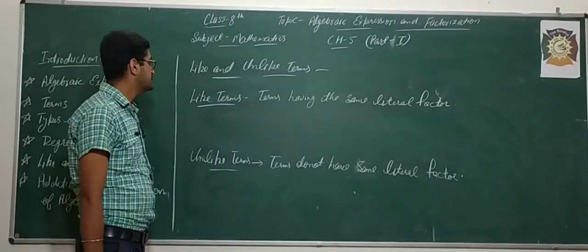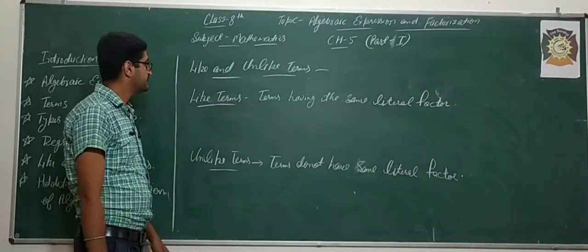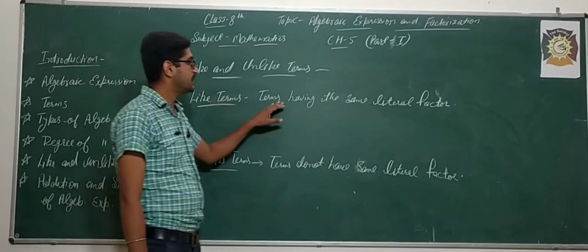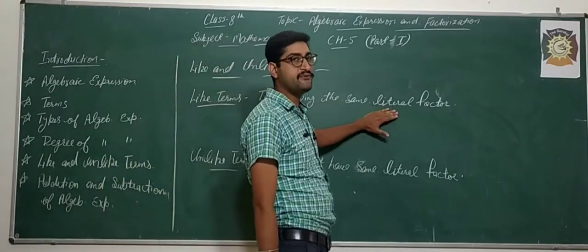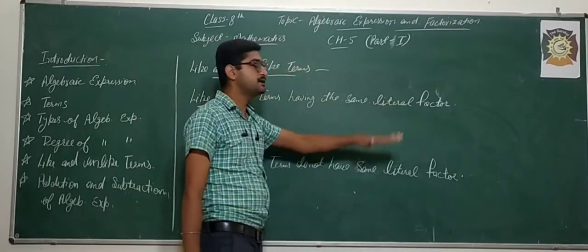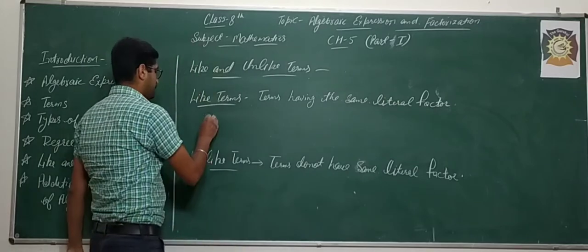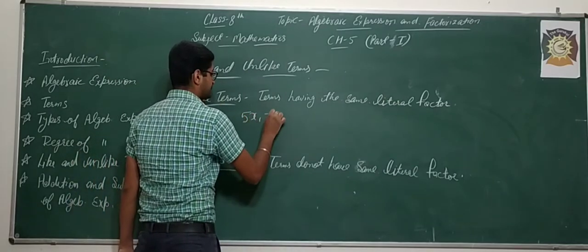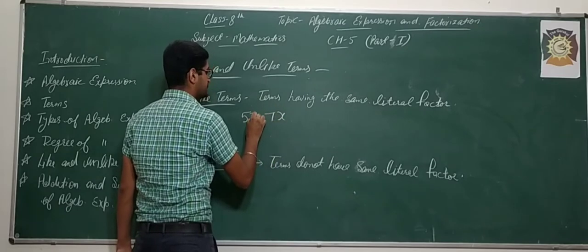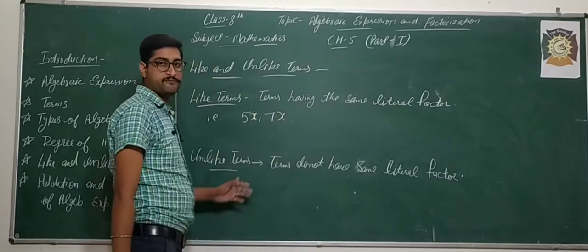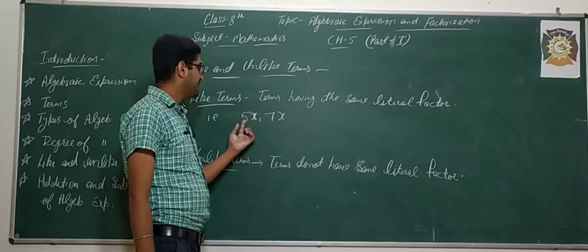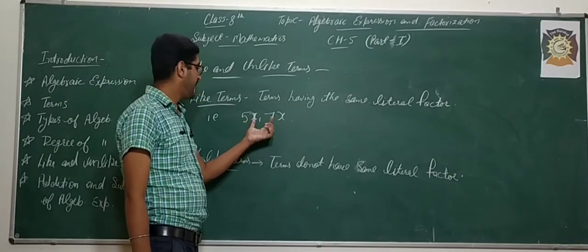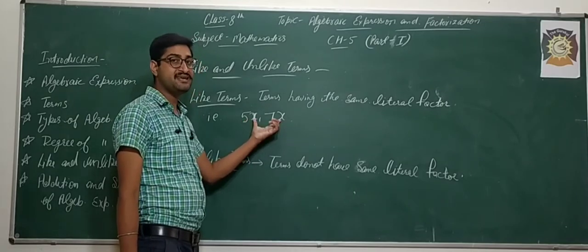Now the next topic is like and unlike terms. Like terms having the same literal factors. Now what's the meaning of literal factors? Suppose one value is 5x and the second value is 7x. Okay. Now 5 and 7 are the constants and x are variables.